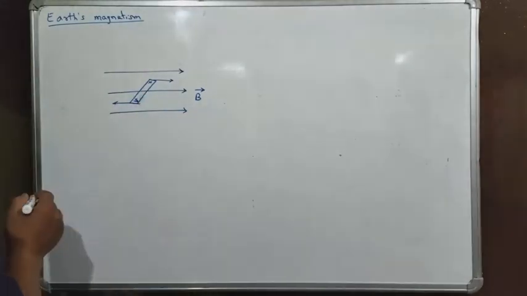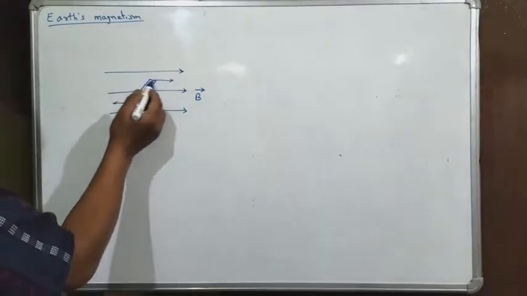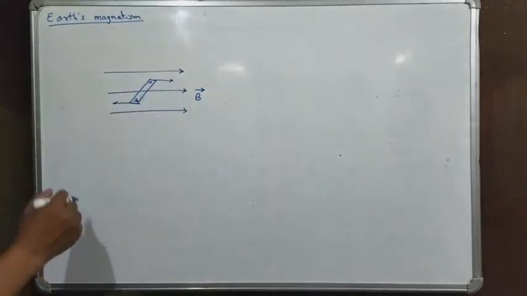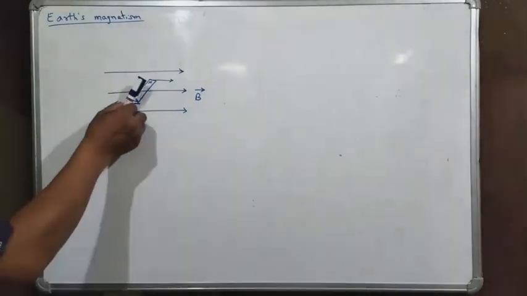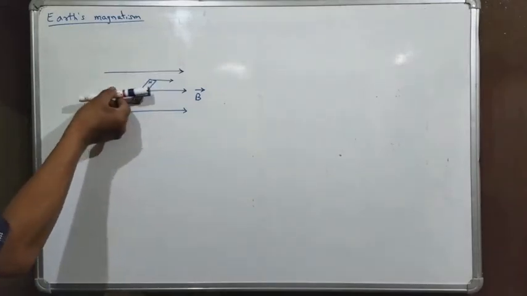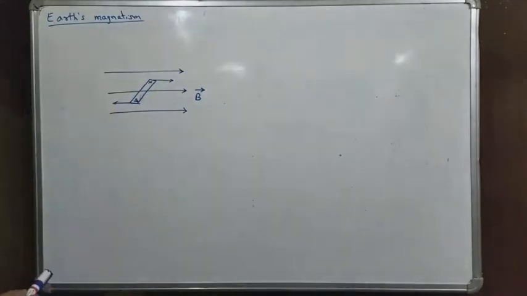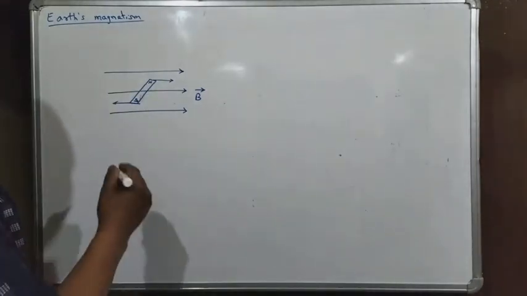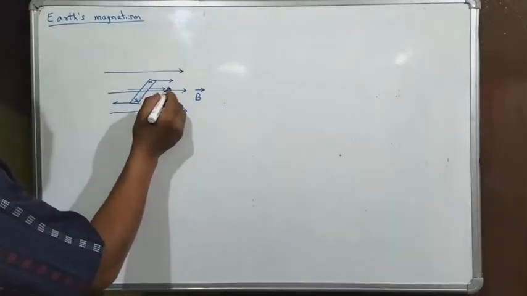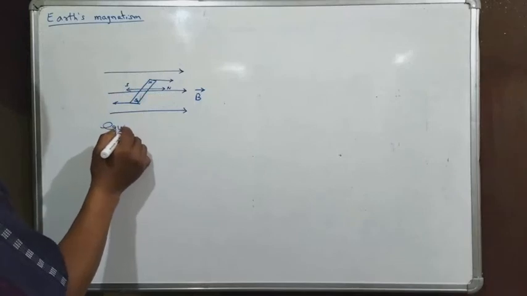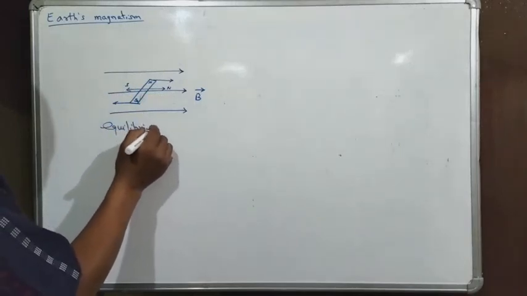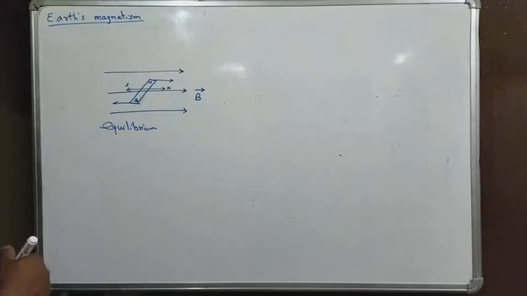So these two equal and opposite forces acting at the two ends of the dipole will constitute a torque, which means this dipole will try to rotate till it becomes parallel to the magnetic field B. When this dipole becomes parallel to the magnetic field, this position is the equilibrium position. Similarly, we will apply this concept to study Earth's magnetism.